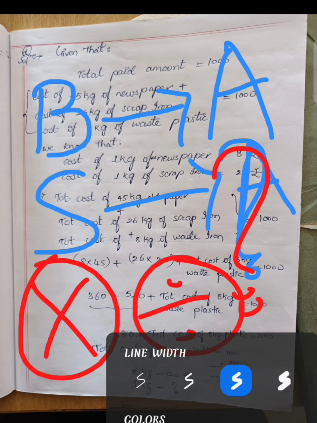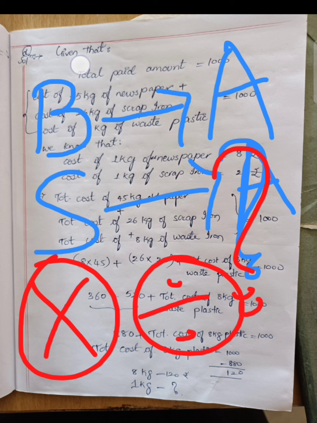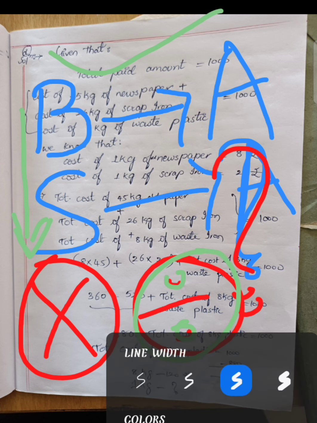In this case, the bigger quantity amount is given, but the question asks us to go from big to small, in decreasing order. So for decreasing order you have to go for division. So here we have to divide.